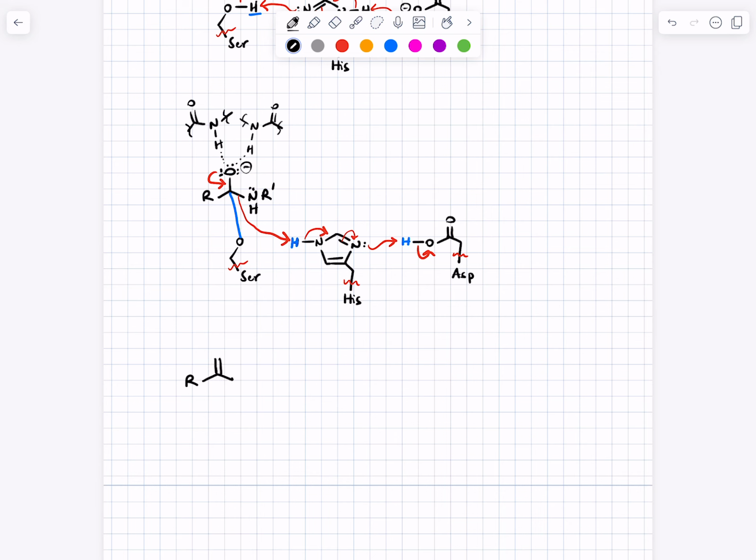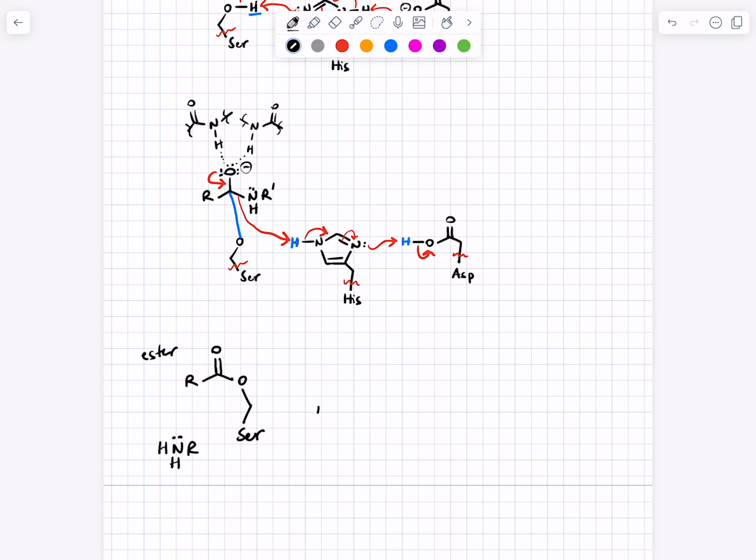I'm going to stop drawing the oxyanion hole as I've done previously. You're just going to have to imagine it there. Your carboxylate group from the amide bond that you're hydrolyzing, we've now converted that from an amide to an ester. The amino group is now free to go off and leave the enzyme active site.